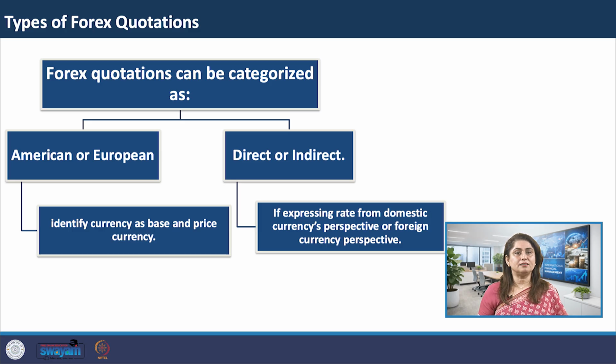The second is the direct and indirect quotation. This tells us whether we are expressing the rate from a domestic currency's perspective or from a foreign currency's perspective. These are not two completely separate systems. They are two different angles of looking at the same pair of currencies. We will now explore each one carefully.